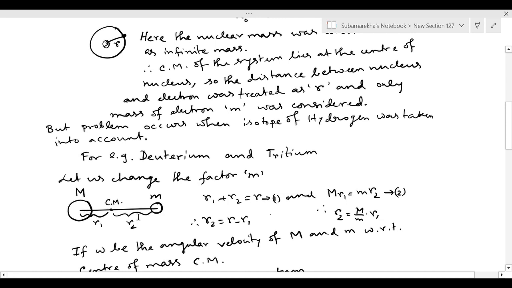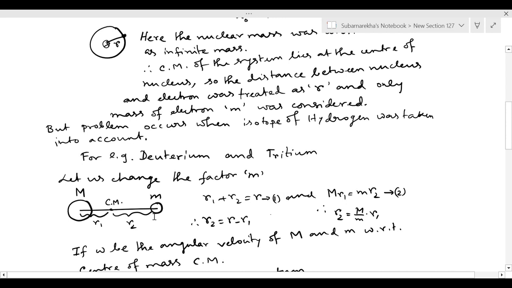If so, then instead of the center of mass being at the center of the nucleus, the center of mass must lie in between the two centers of the two finite masses. From the figure, if the distance of the center of mass from the center of the nucleus is r1 and its distance from the center of the electron is r2, then r1 plus r2 should be r, as we have taken earlier.